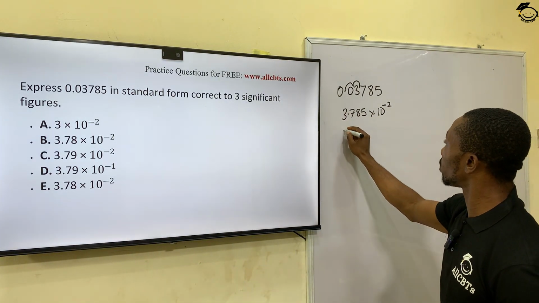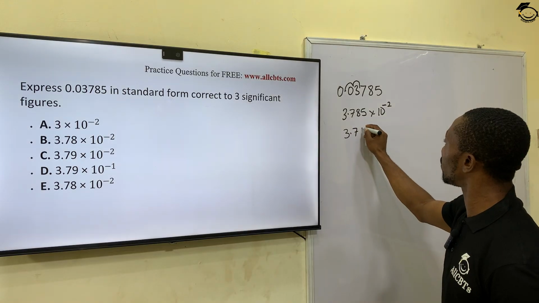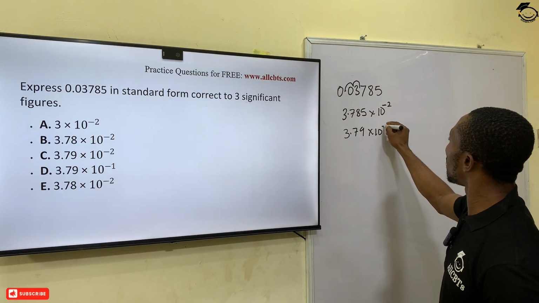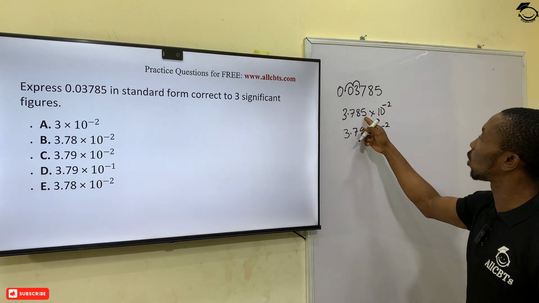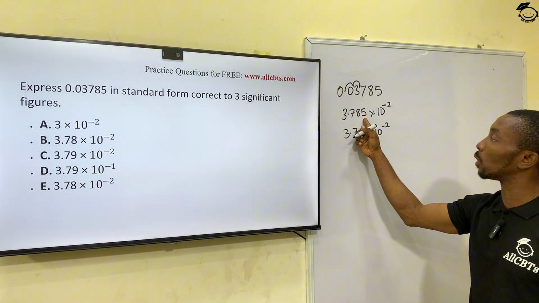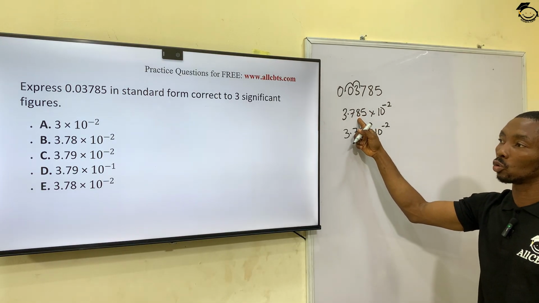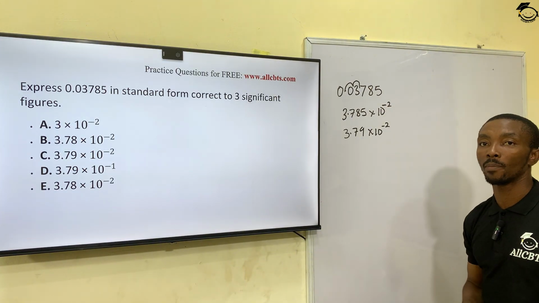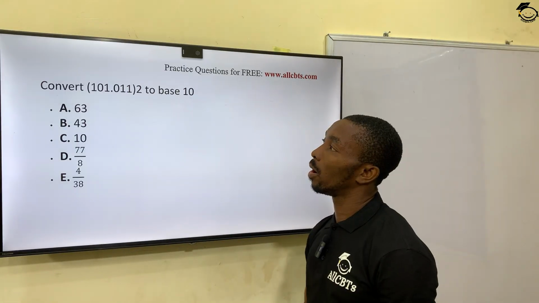So this becomes 3.79 times 10 raised to power minus 2. Why 9? Because the next number after 8 is up to 5. So we convert to 1 and add to our 8 to make it 3.79 times 10 raised to power minus 2.